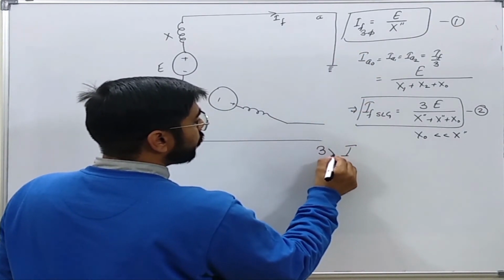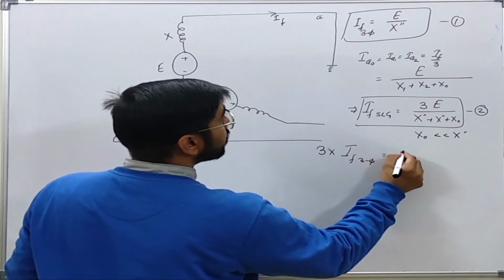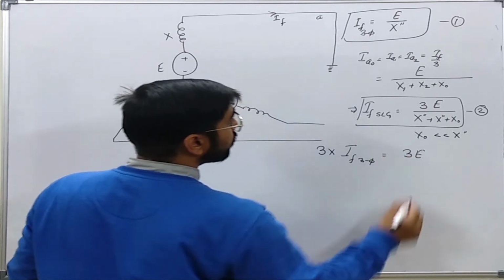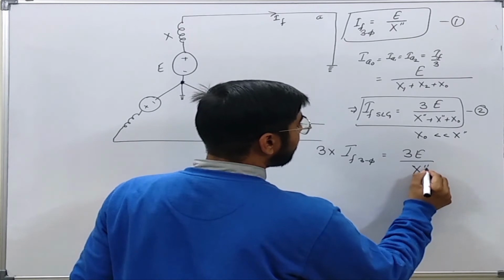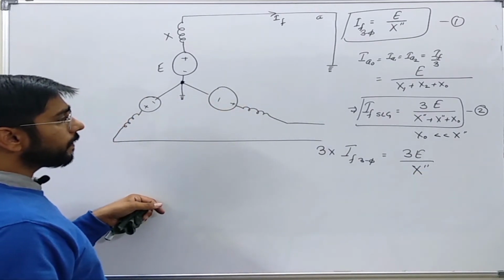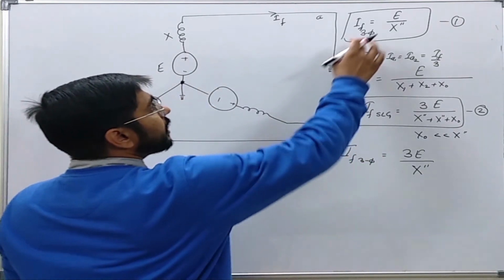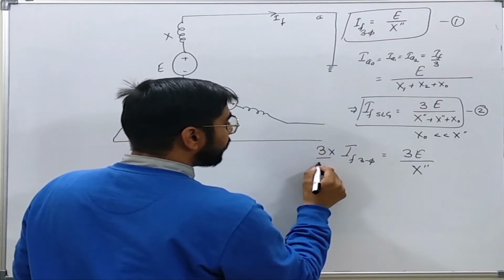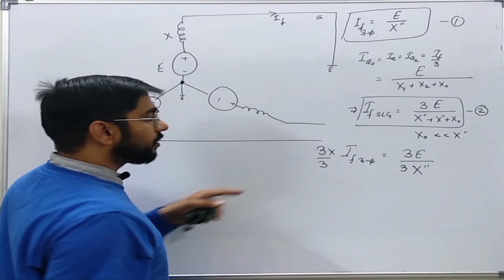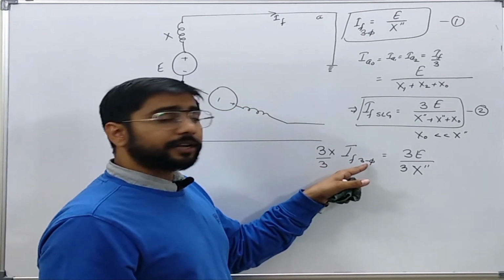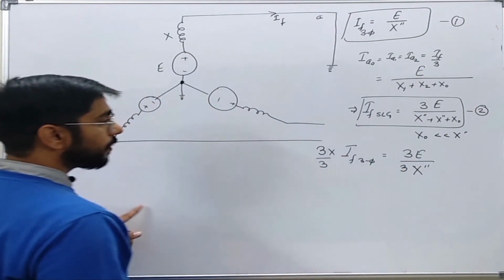Now 3 times the fault current during three-phase fault will be given by 3E over X double dash. Or if I divide this also by 3 just to see the comparison, so 3 times IF 3-phase fault divided by 3 is equal to 3E divided by 3X double dash. Okay.